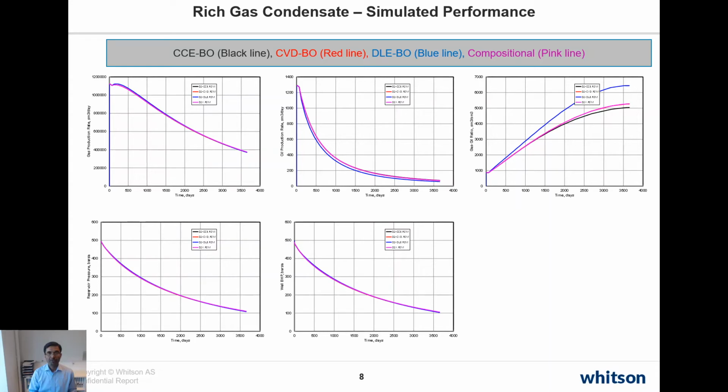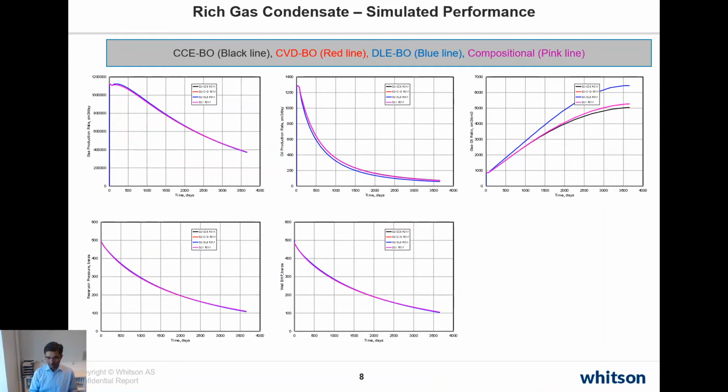And the compositional simulation performance is the pink line. If we see here, at the top right, which is the solution gas oil ratio, CCE and CVD are quite close and close to compositional, but the black oil simulation with the DLE black oil PVT table is quite different.